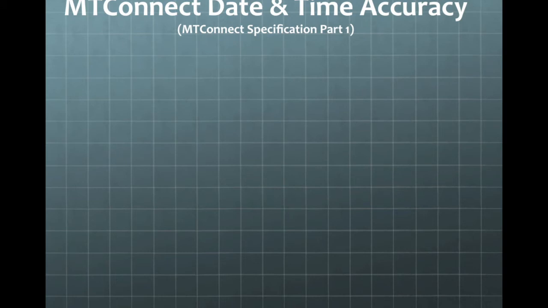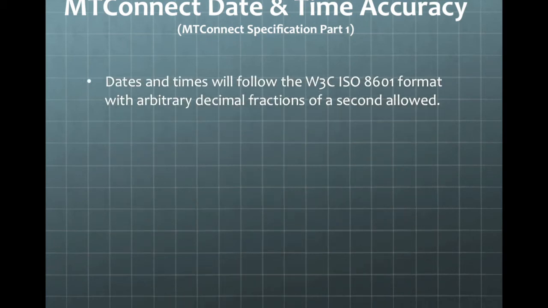One of the questions that also comes up is, so how accurate is MTConnect? And I think sometimes people get wrapped around the axle on this, so I thought I would spend just a little bit of time discussing this. This is in the MTConnect specification part 1. The dates and times follow the W3C ISO 8601 format, and that allows for an arbitrary number of decimal fractions of a second.